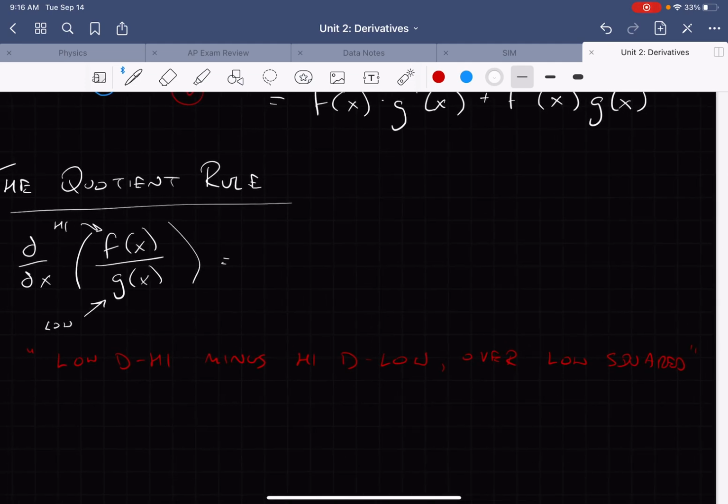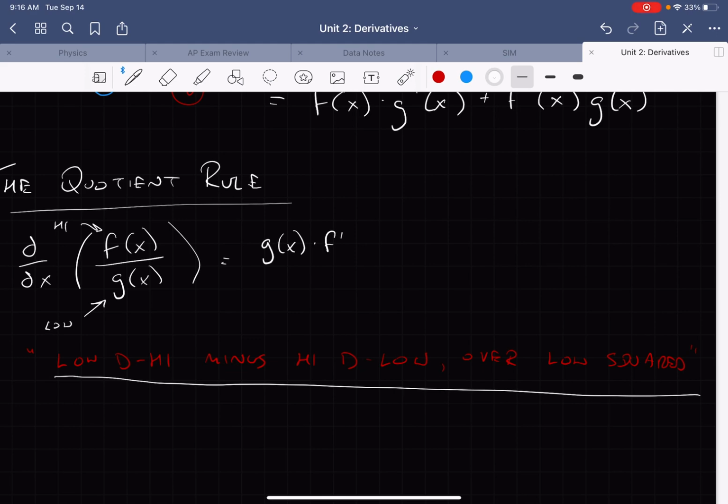So I want to create an equation based upon this phrase. Low would be the bottom function, so that's g of x. D high is the derivative of the top function. The top function is f of x, so the derivative of f of x is f prime of x. And then I have a minus sign. High is the top function, so that's f of x.